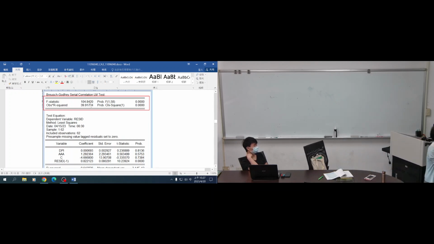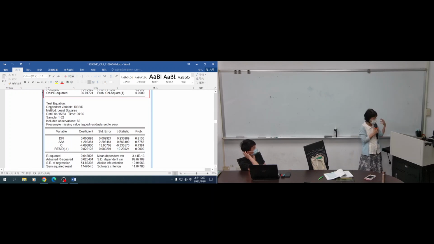The test statistic is this one, 39.91, the observed test statistic. And the p-value is the probability, the tail area of the test statistic. This test statistic is distributed as a chi-square distribution. So if you say chi-square, it's not clear, because chi-square is a distribution.